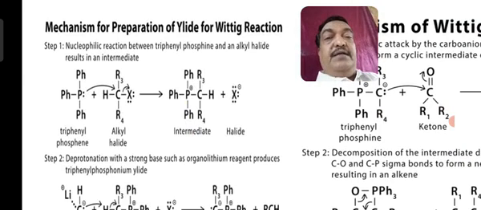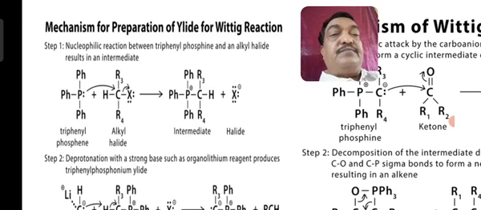Triphenylphosphine is treated with an alkyl halide, that is RX, or you can take a carbon CH R2 R3 X. Then the lone pair of electrons on phosphorus shifts to the central carbon and the X is eliminated, and you will get triphenylphosphorus with a positive charge and R3 CH.